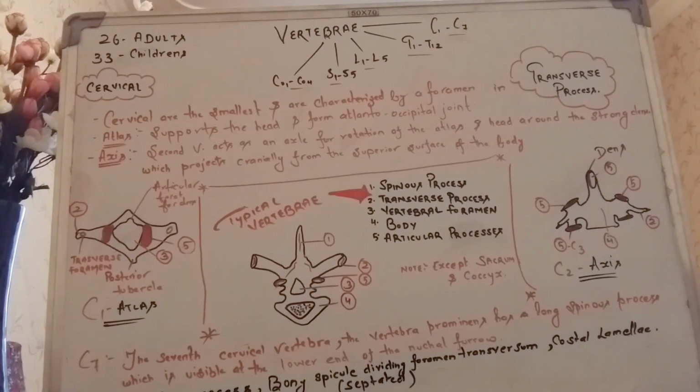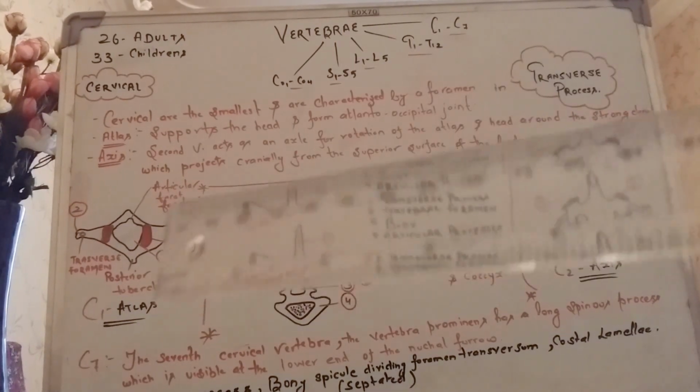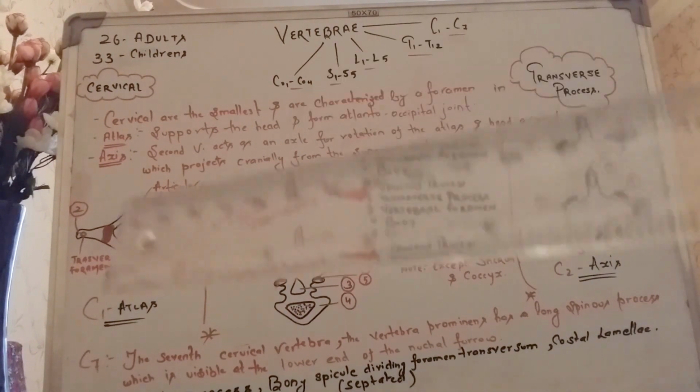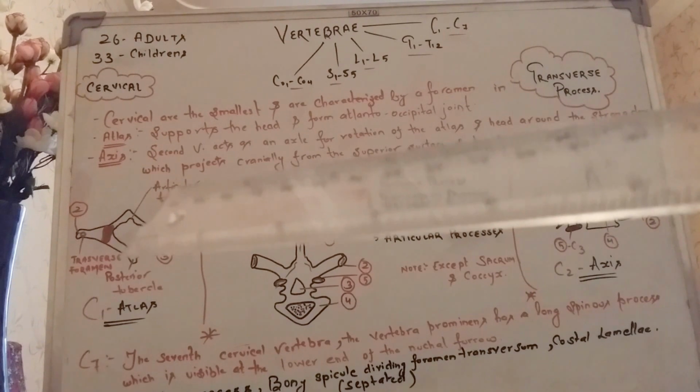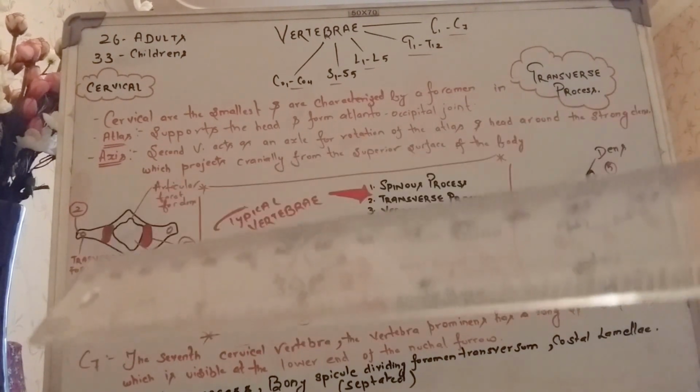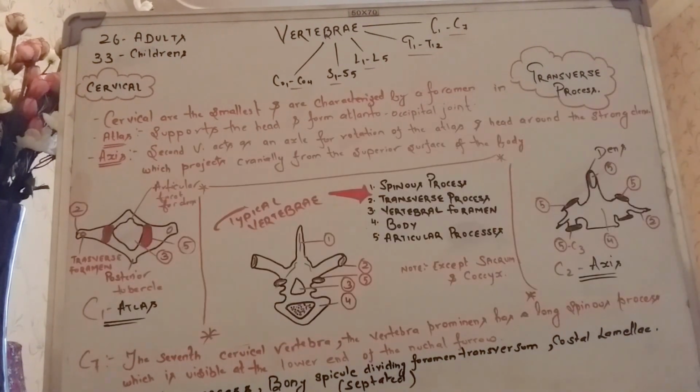In the diagram of the atlas, we can see it has two laminas and tubercles, posterior tubercle, anterior tubercle, transverse process. In that, the transverse foramen is present, and it carries vertebral arteries to the brain and supplies the brain. So simply, the transverse process foramen carries vertebral arteries.